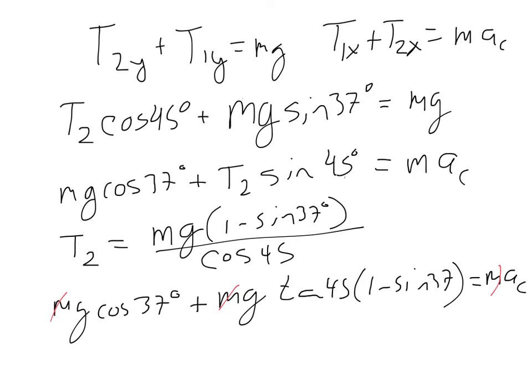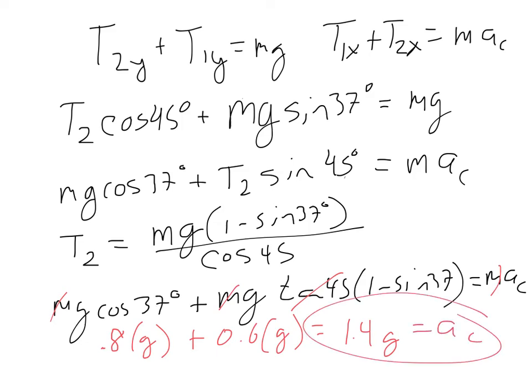Now let's plug everything in. Cosine of 37 is 0.8. Tangent of 45 is 1, so that goes away. Sine of 37 is 0.6, so that becomes 0.4. So this becomes 0.8g plus 1 minus 0.6g, which equals 1.4g, and that's a sub c, around 14 meters per second squared.